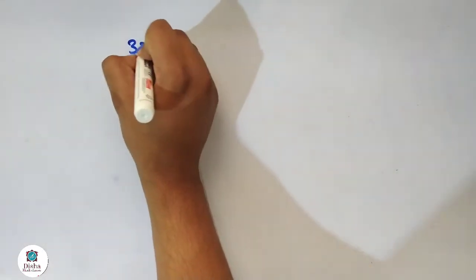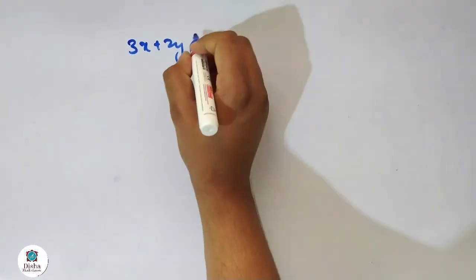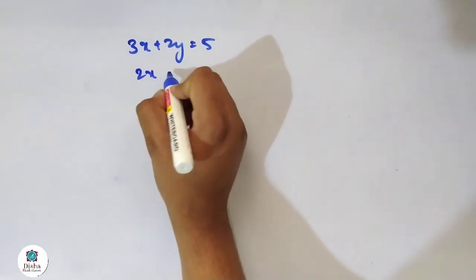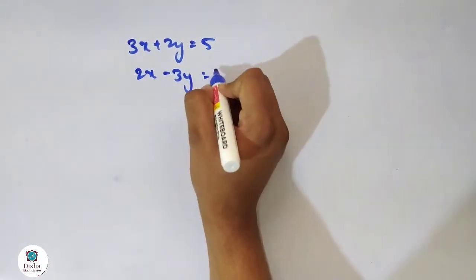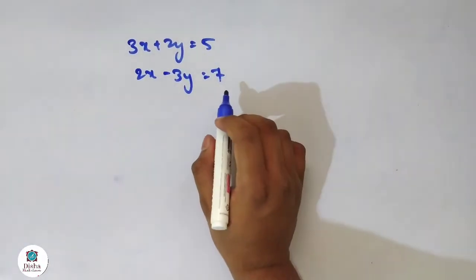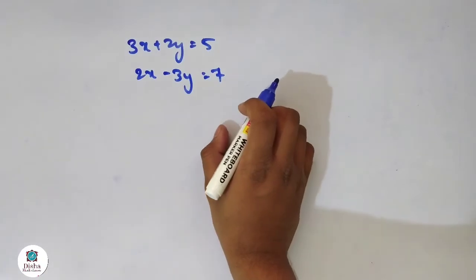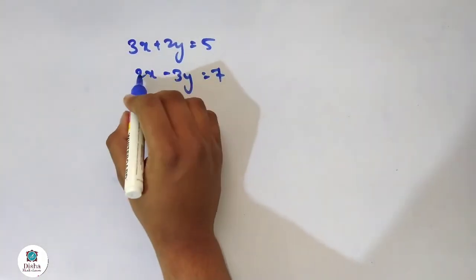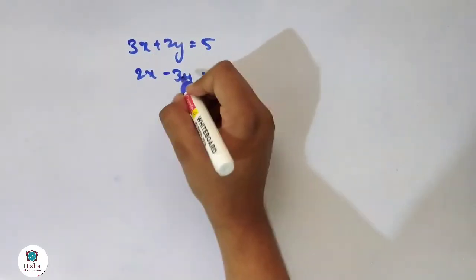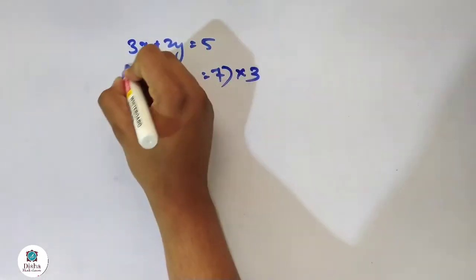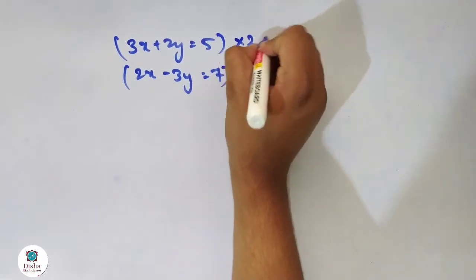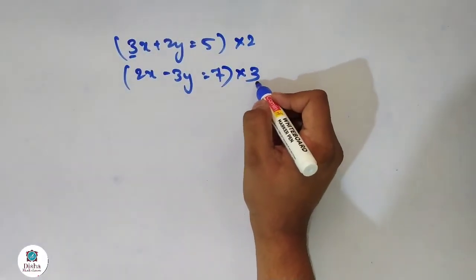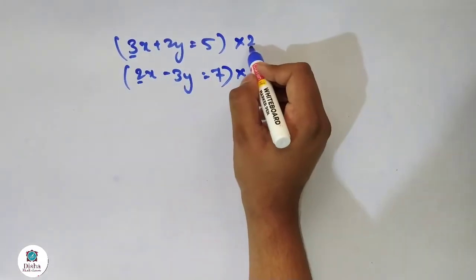So now we have been given two equations, 3x plus 2y equals 5 and 2x minus 3y equals 7. Now by the elimination method we will solve these equations. We have to equate the coefficient of x, so we will multiply the first equation by 3 and the second equation by 2.